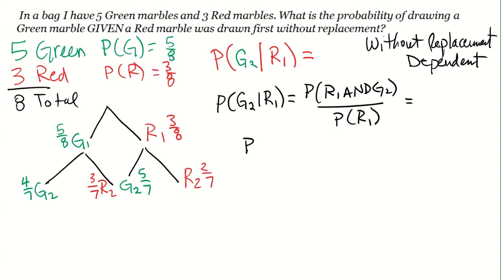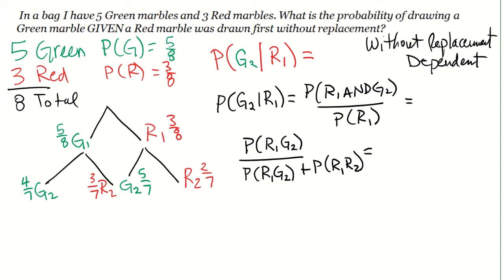And that is the probability of drawing a red-green divided by the probability of drawing a red-green plus the probability of drawing a red-red.